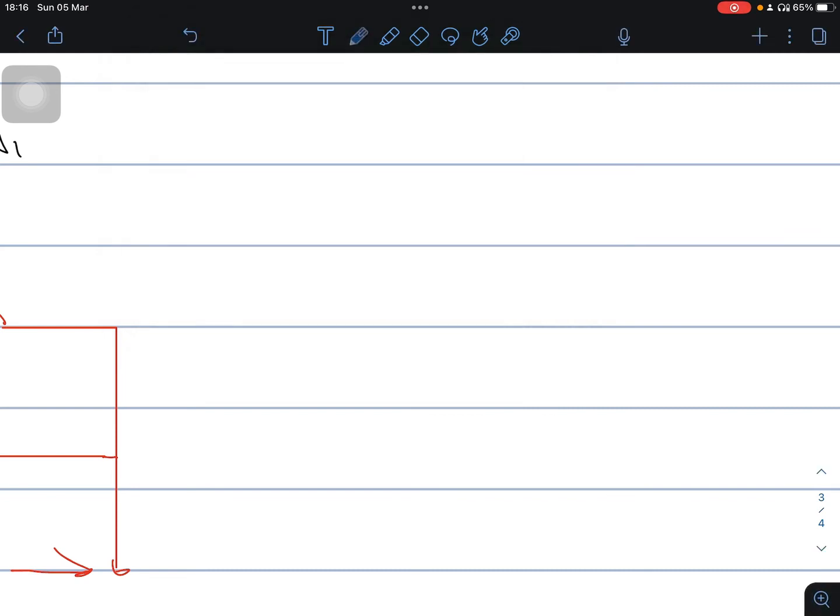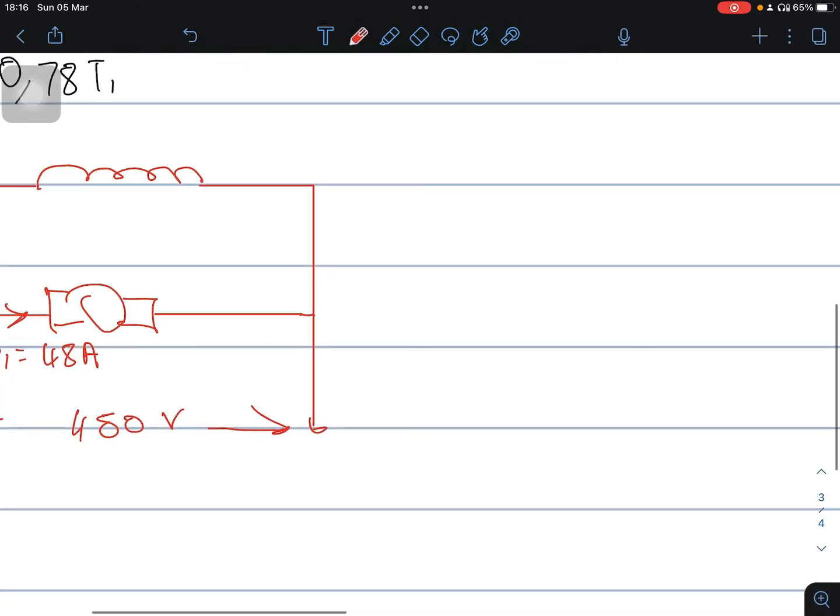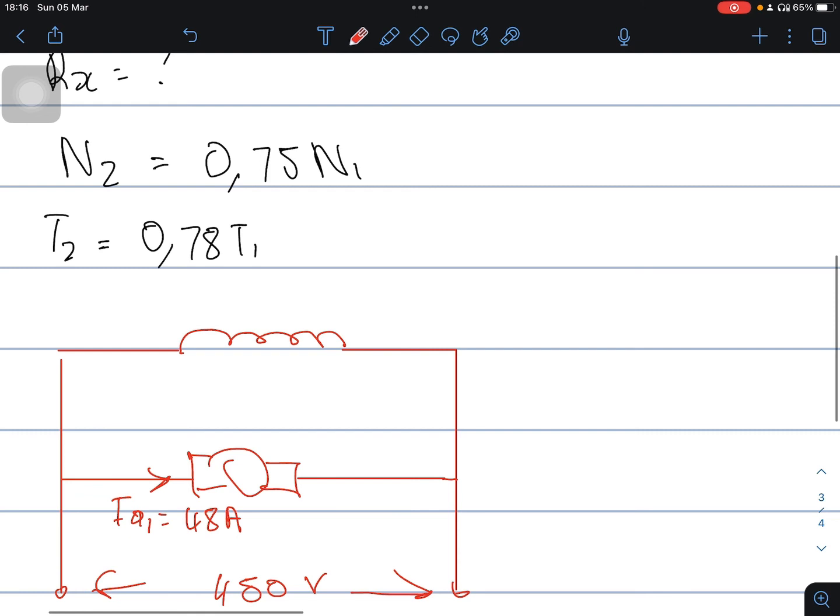Then let us draw the second circuit. Before I draw it, we can note that there's only armature resistance in the armature circuit, so we can safely say RAC1 is equal to Ra.